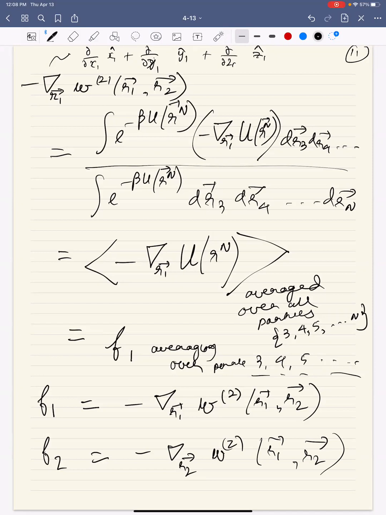If I am now interested in the force as a function of the distance small r, so this is the modulus of R1 minus R2 between particles 1 and 2, what is that going to be?